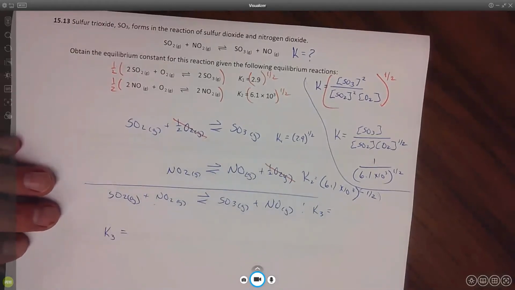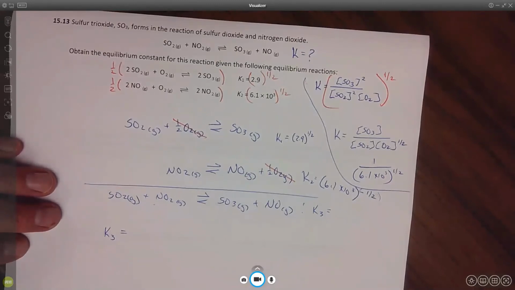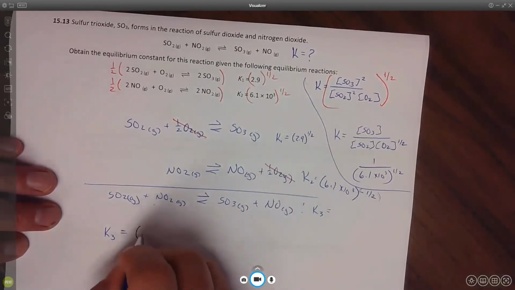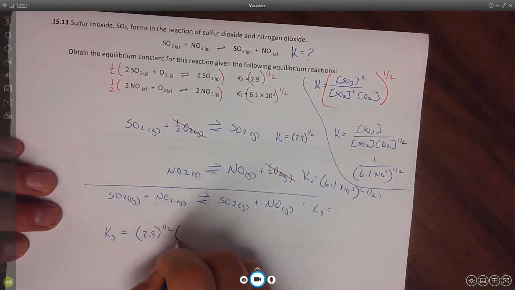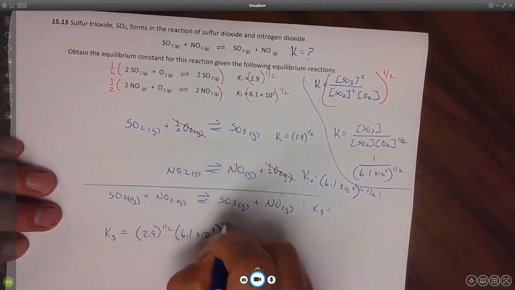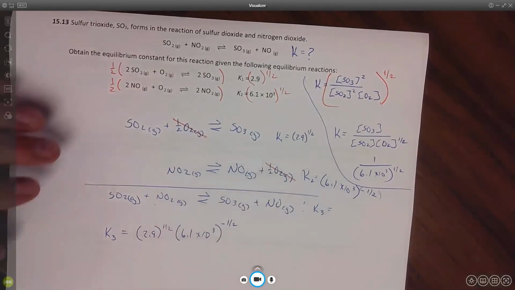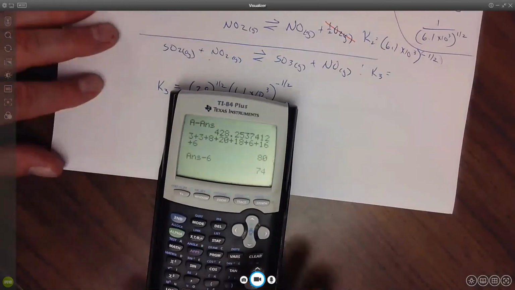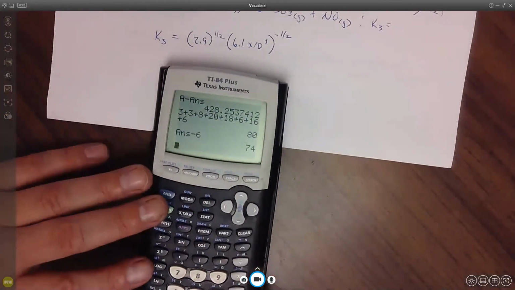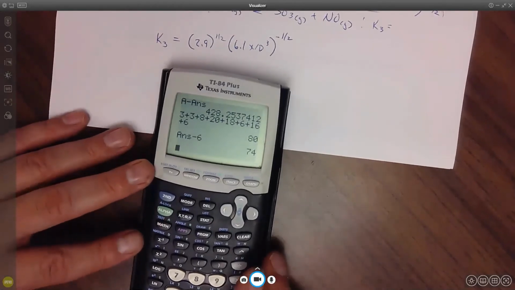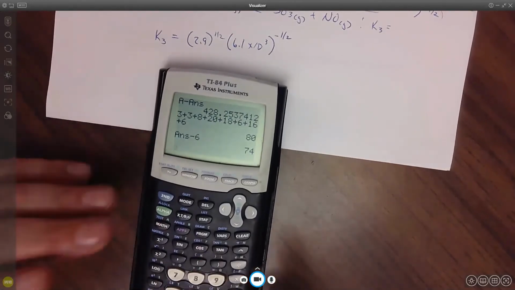Do you add the first K and the second K? Not add them. Multiply? Yep, we're going to multiply them, right? So we're going to take the 2.9 to the 1/2 times the 6.1 times 10 to the 3 to the -1/2. And we're going to plug that into our calculator. And again, when you're plugging this into your calculator, you've got to be careful. You could just use the square root button, but I just don't use it.